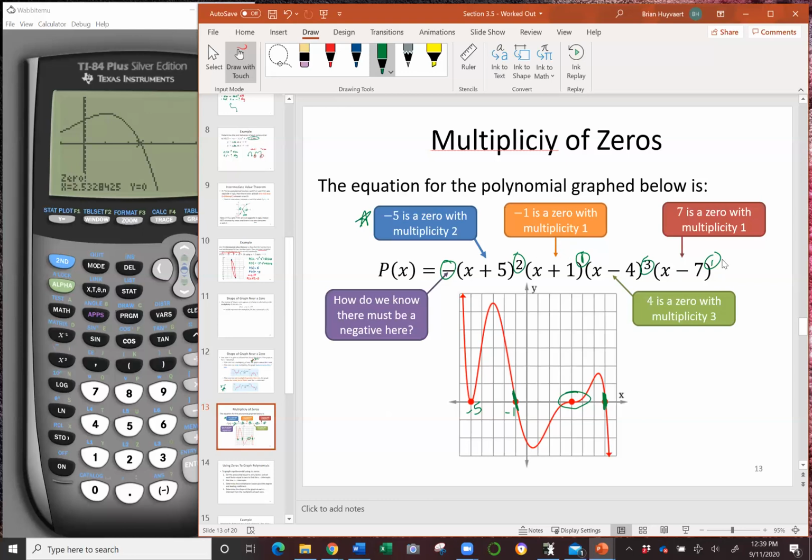If I add all those together, I have an odd function, something of odd degree. Normally, an odd degree function would increase as we go left to right. If we want it to decrease, we have to toss a negative in front. It's got to have a negative coefficient, so that's why it's there.